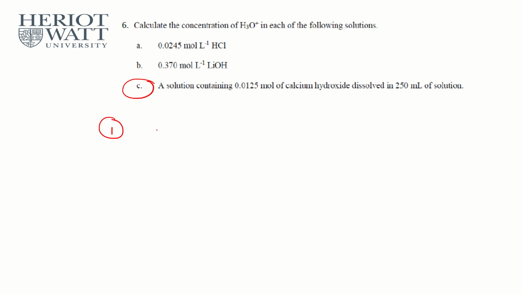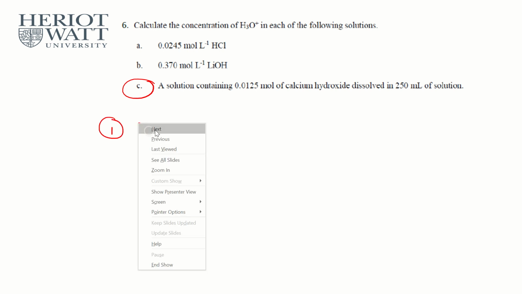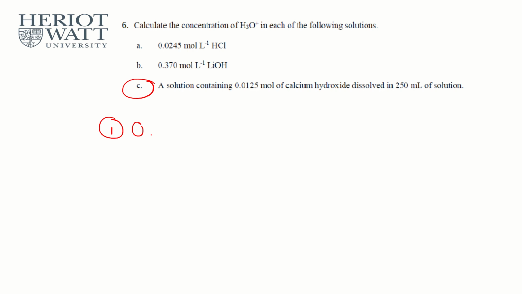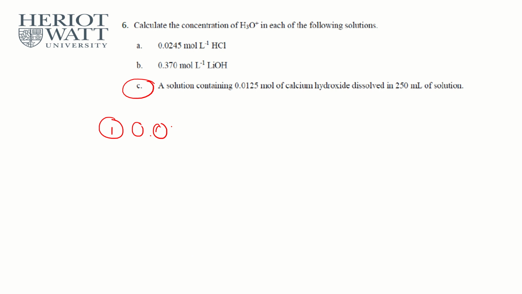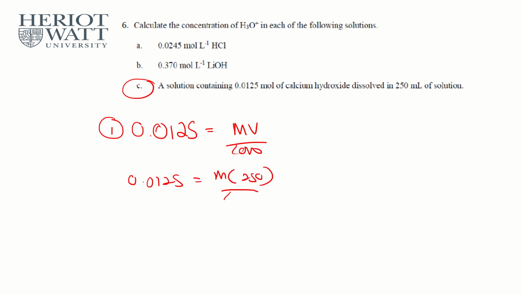Number one, let's see what is the concentration here. 0.0125 equals mV over 1000, right? 0.0125 equals m, unknown, V is 250 over 1000, and then you will get your m.